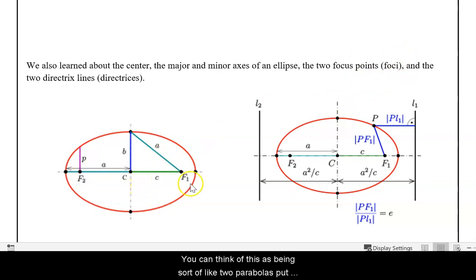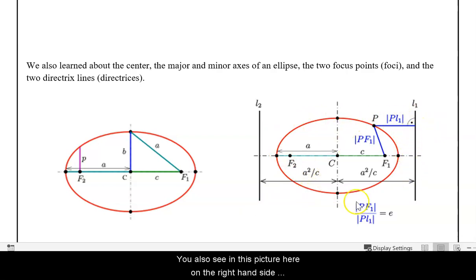You can think of this as being sort of like two parabolas put together, though the curvature for an ellipse is different than the curvature for a parabola. But it makes sense that in both cases, the focal point would again be inside the arms, and that the directrix lines would again be on the back of the curve, which is precisely where they're located.